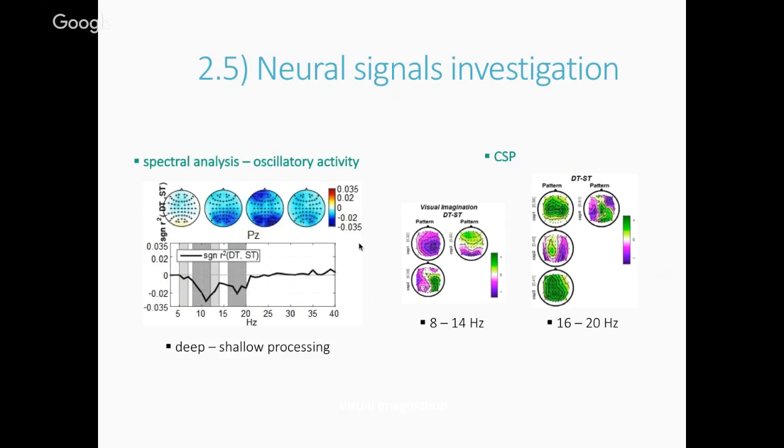So it's only binary differentiation here, where the first CSP relates to the deep processing and shallow processing discrimination in the alpha band, and the second graphs also show the discrimination in the beta band. And here's only the sine square discrimination in the oscillatory activity.